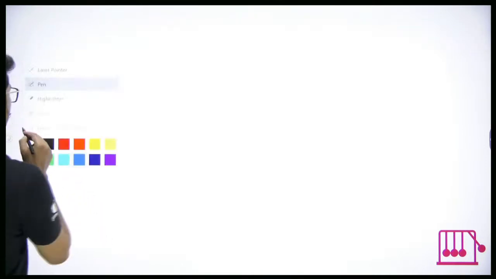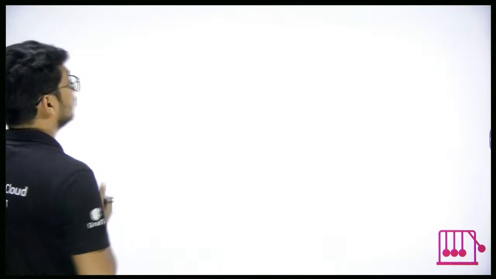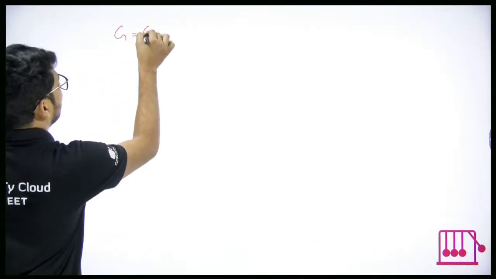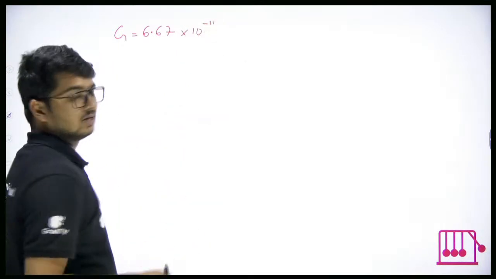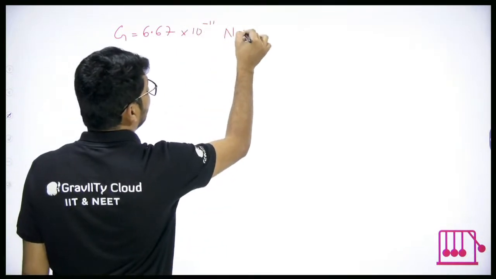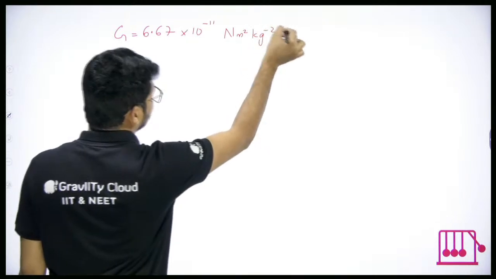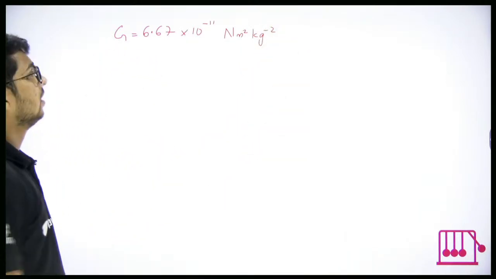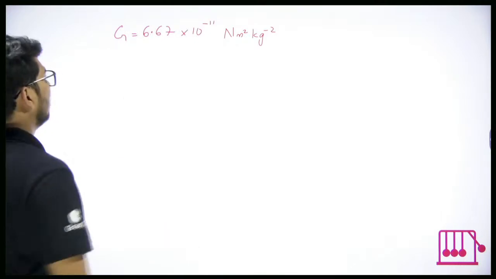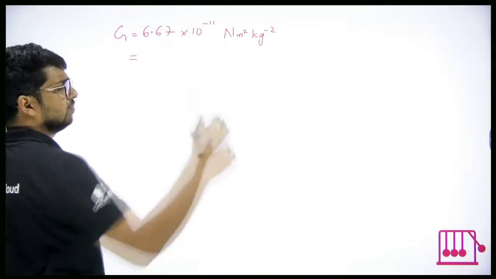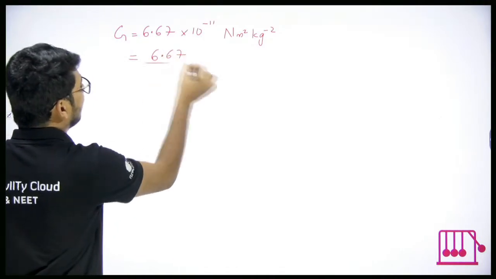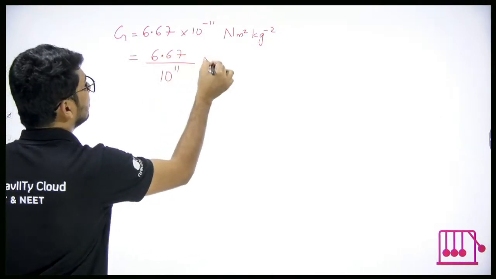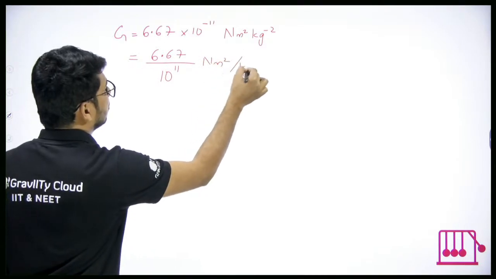Now let us try to understand how small that value is. What is the value of capital G? 6.67 into 10 power minus 11 Newton meter square upon kilogram square. Now look at 10 power minus 11. What does negative power mean? It means division. That becomes 6.67 divided by 10 power 11 Newton meter square per kilogram square.